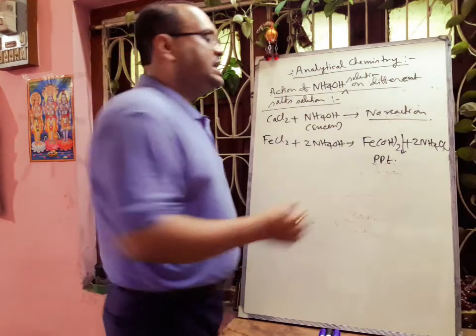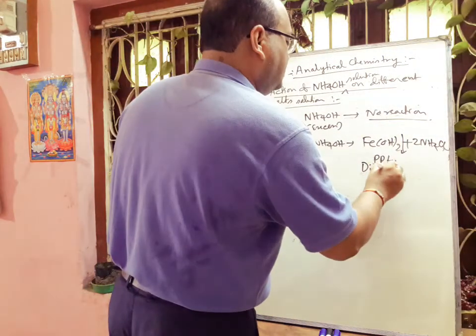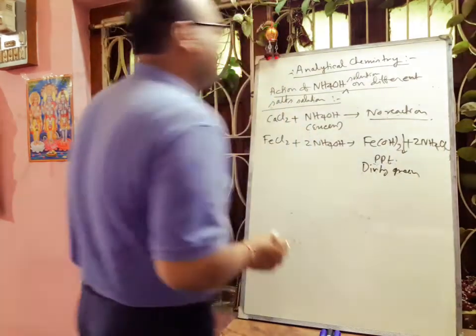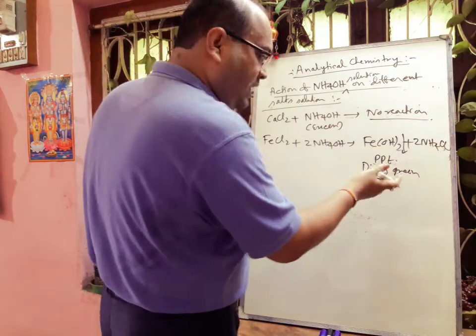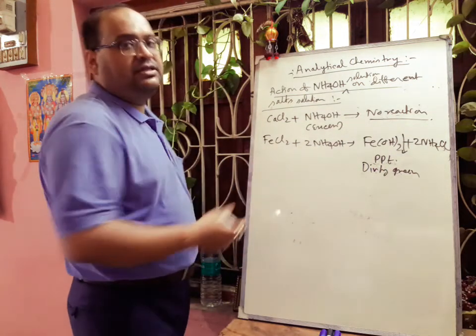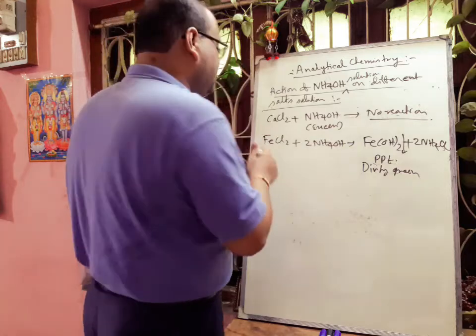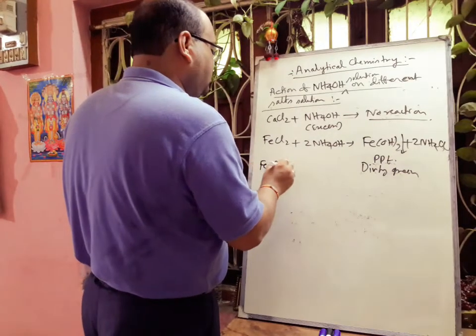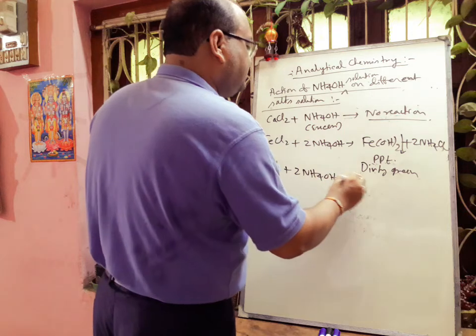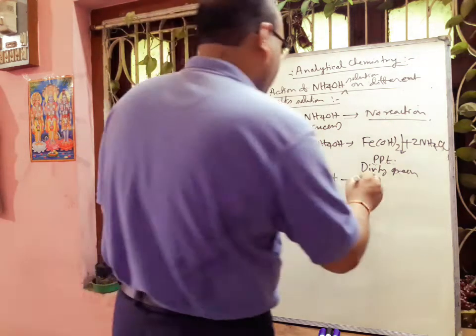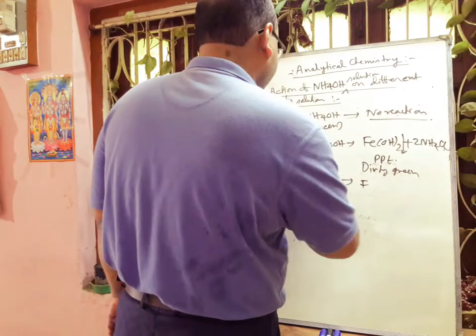It will be dirty green color, dirty green. In the same way, if we add little, that will also form a precipitate, and if we add excess, it will remain insoluble. Okay, so there will be no change. But if we take ferric chloride solution and add ammonium hydroxide, then there will be formation of ferric hydroxide.